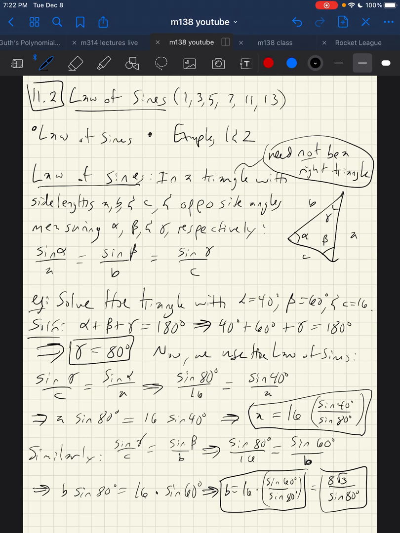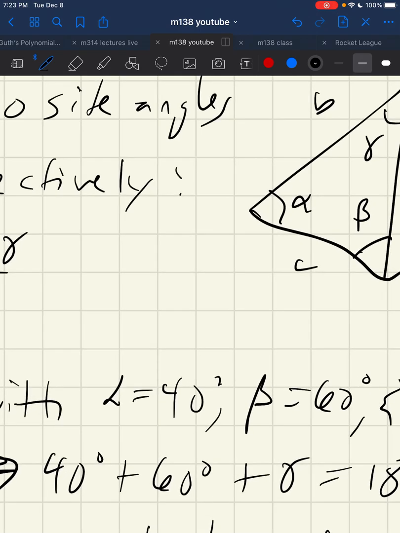So that's the basics of the law of sines. We can do a bunch of different things with this to solve different types of triangles. But the only real problem you might have is if you're not given information like this. If you're given two side lengths and an angle, you might end up with the following situation where this angle right here is given, and I've got this side length.